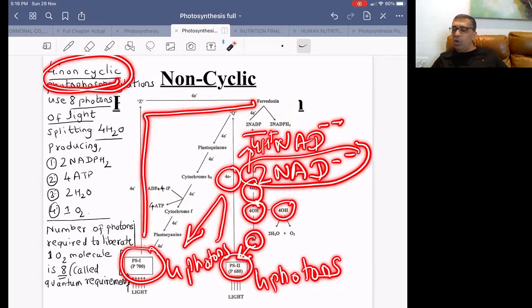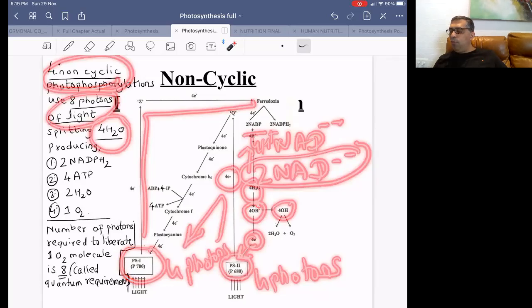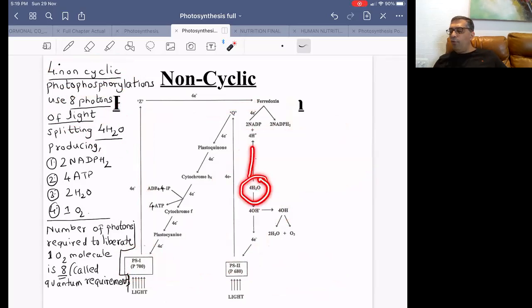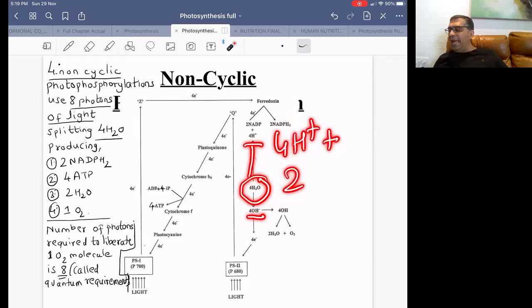How many photons are used? 8 photons of light. How many H2Os are split? 4 H2O. And what will they do? 4 H2O split to form 4H plus 4OH minus. 4H plus combined with 2 NADP minus 2.